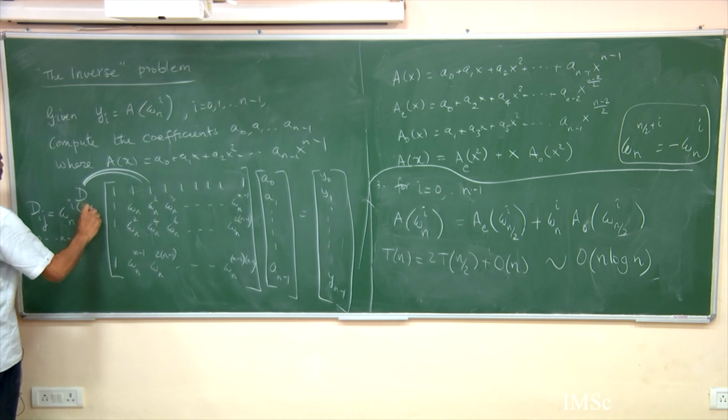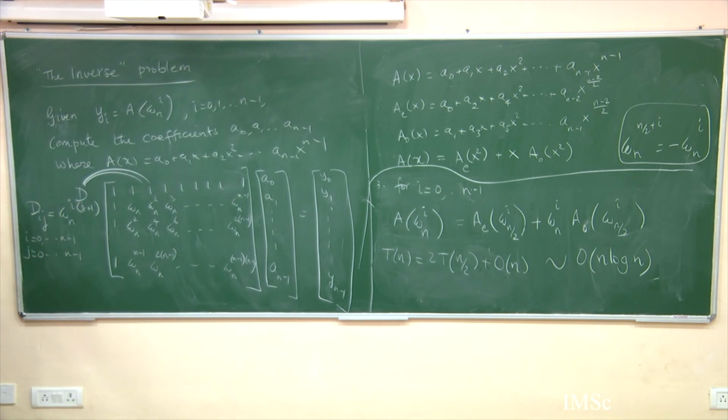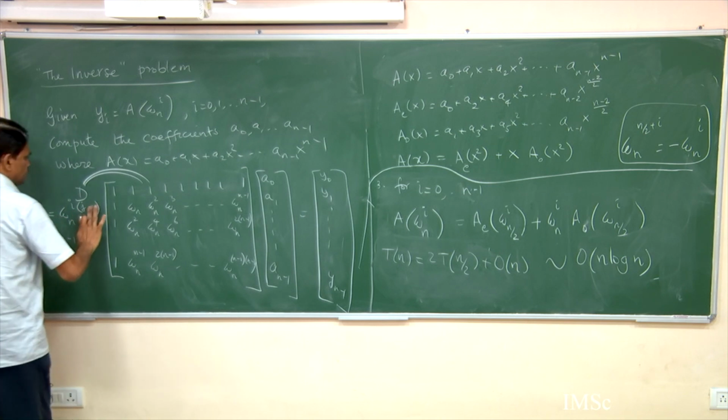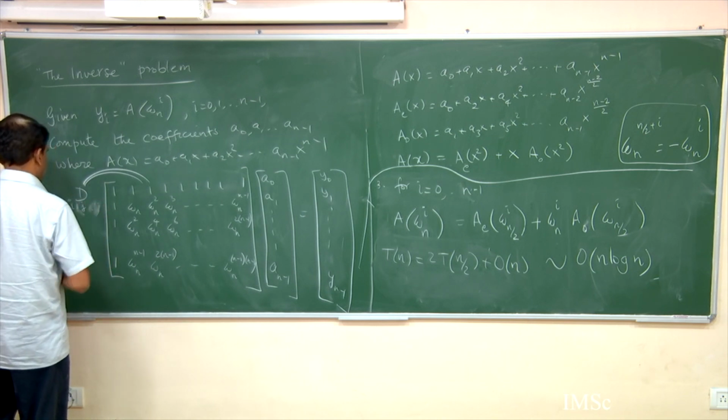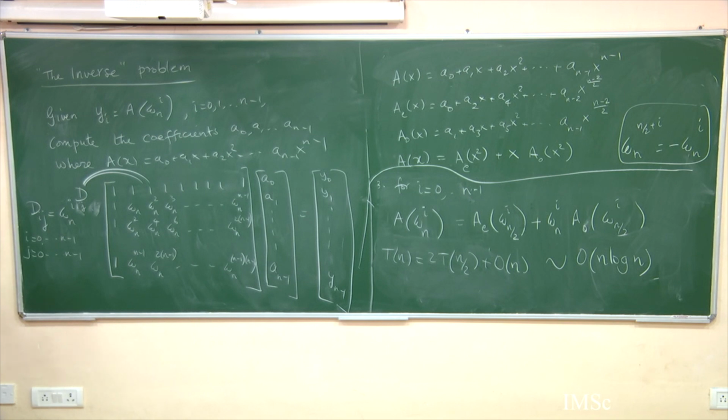It is ω_n^(i·j), right? The 0th row and 0th column all get 1.